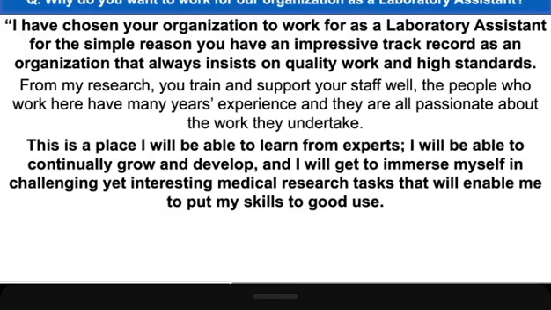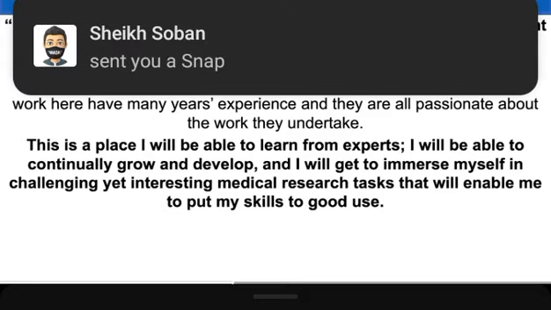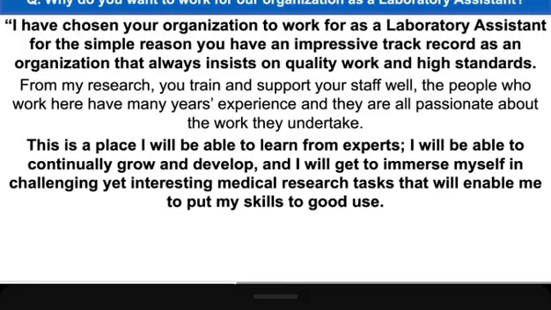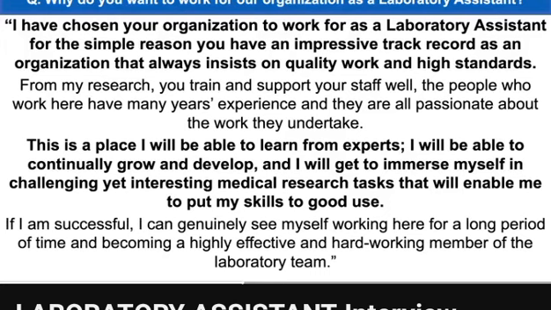This is a place I will be able to learn from experts. I will be able to continually grow and develop, and I will get to immerse myself in challenging yet interesting medical research tasks that will enable me to put my skills to good use. If I am successful, I can genuinely see myself working here for a long period of time and becoming a highly effective and hard-working member of the lab team. That's a really good answer again.